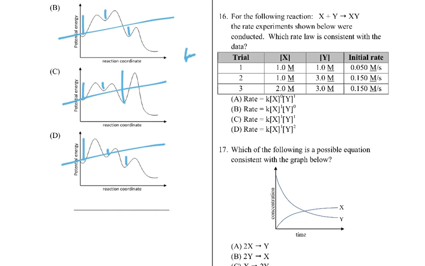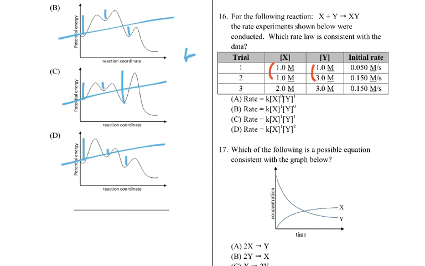Okay, for the following reaction, the experiments shown were conducted. Which rate law is consistent with the data? Okay, so we have X and Y, and we have 0, 1, 1, 0, 1, 0, 1, 2. Let's look here. If we're talking about 1 and 2, we can see that X stays the same.